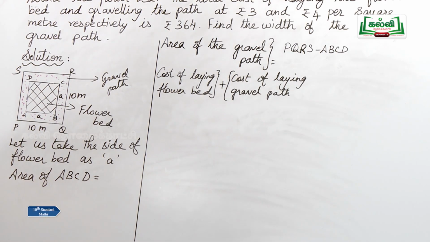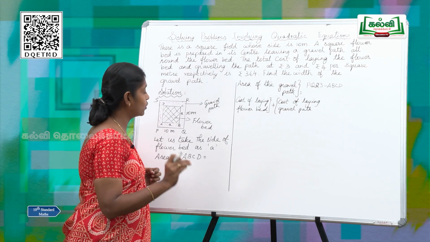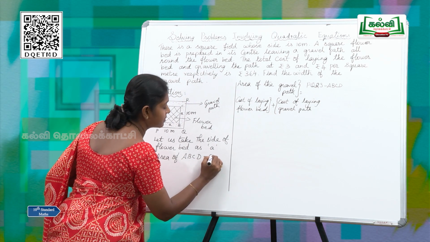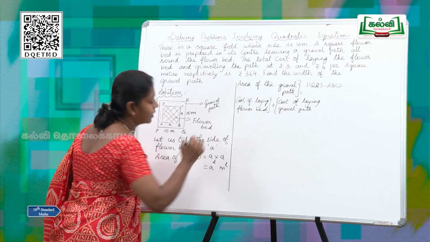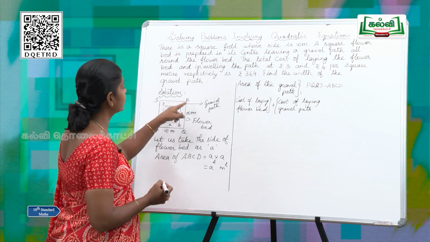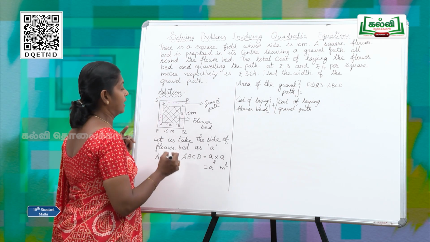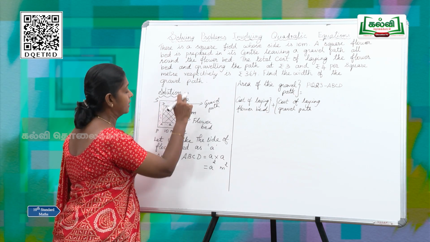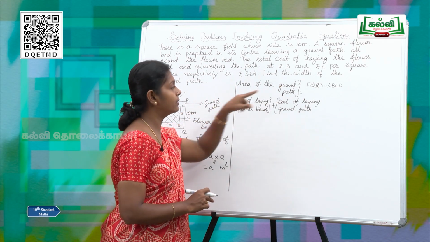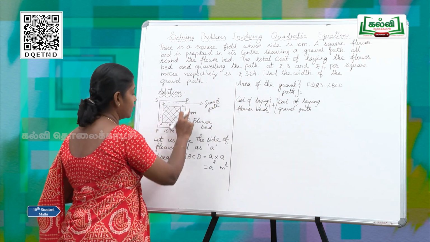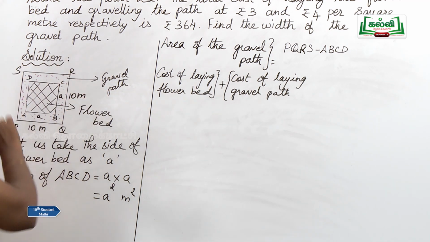Now, area of ABCD. Area of ABCD is nothing but the area of the flower bed. That is a into a, a squared meter squared. Next, we have to find the graveling path. To find the area of the graveling path, of course, we have to find the area of the PQRS, that means the square field. So, area of the gravel path is the area of PQRS minus area of ABCD.